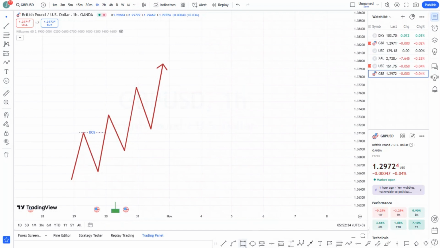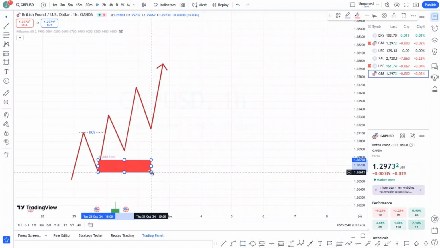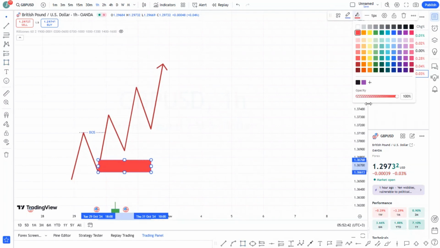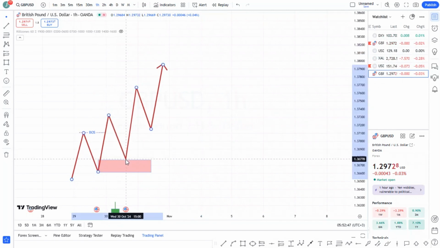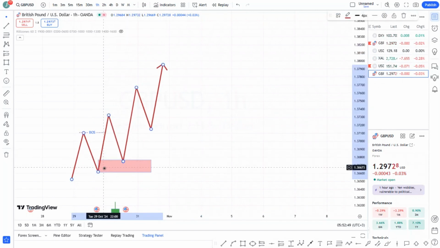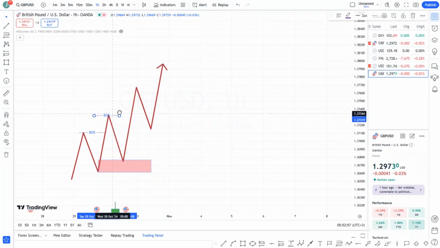So if we have our order block here, for example, we have an order block forming here. Let me decrease the opacity here. For us to consider it a valid order block, it must break structure or change character.